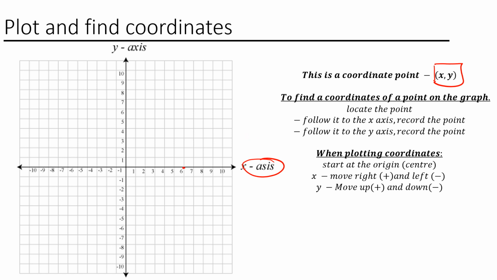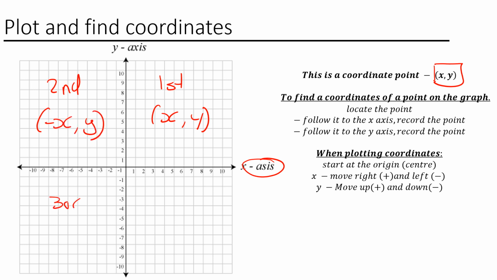But basically the idea is we have positive x values, negative x values, positive y, negative y. This is called the first quadrant, and it's x, y. Second quadrant, and that's going to be negative x, y.